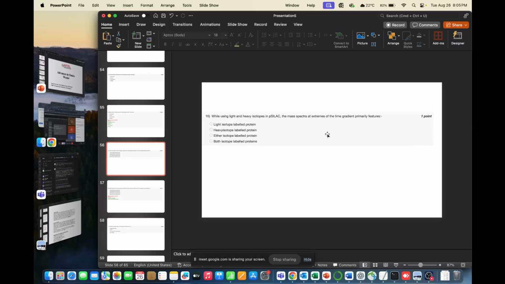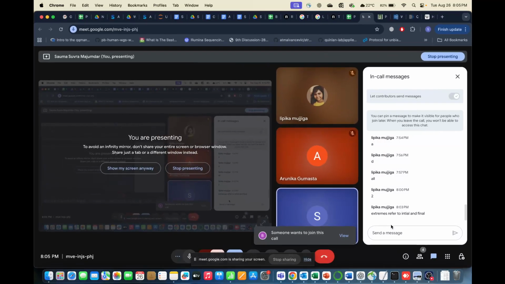It is kind of initial and final, but not in terms of first this protein has been done, next that protein, or initially this particular m by z has been tagged, later that has been tagged. So not in that case. It's a time in terms of initial and final with respect to the experiment, not with respect to the cell types or cell specificity, or sorry, proteins in the cell.